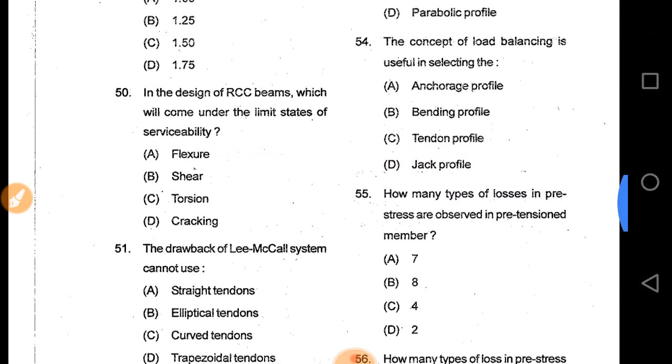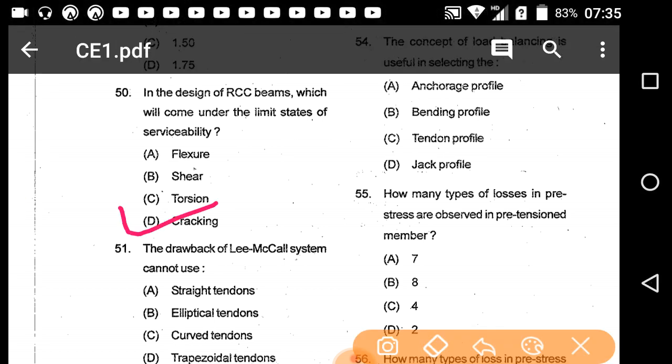In the design of RCC beams, which will come under the limit state of serviceability? Under the limit state of serviceability we have deflection and cracking. So here cracking is given, option D is the correct answer.